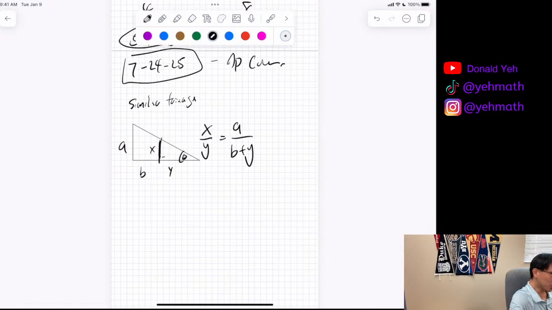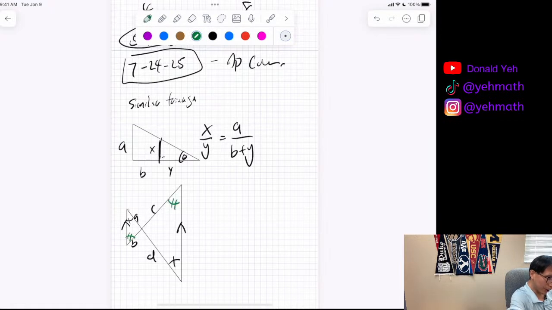On your SAT, it's going to show up either this way or the other way. They can show two parallel lines like this, one very long, one very short, parallel to each other. This is going to be A, B, C, D. How do you create a ratio? First, you understand that the alternate angles are congruent, and this is congruent because of vertical angles.